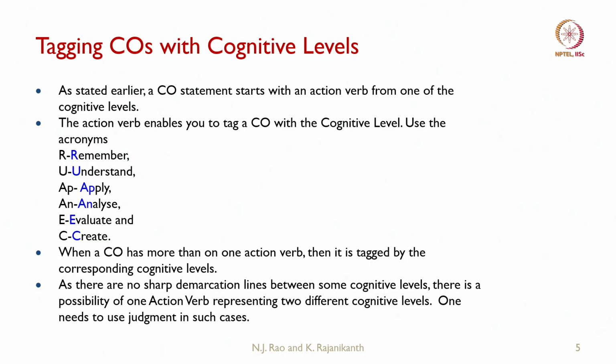You will use some acronyms to tag in the table. So R for remember, U for understand, AP for apply, AN for analyze, E for evaluate, and C for create. When the CO has more than one action verb, then it is tagged with multiple cognitive levels. Corresponding cognitive levels are all mentioned.